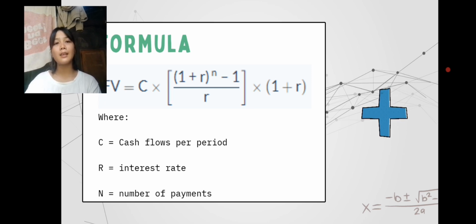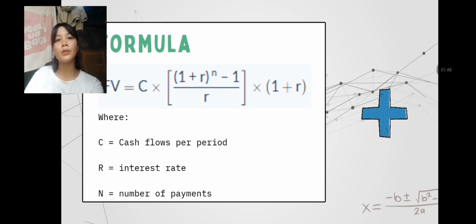Then multiply it by 1 plus the interest rate. We really need to follow the formula so that we are able to solve the future value of annuity due or the future value of a certain scenario.